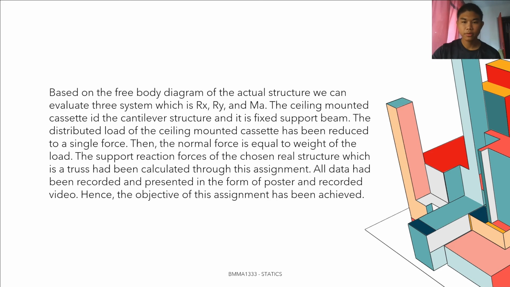Then the normal force is equal to the weight of the load. The support reaction forces of the chosen rail structure, which is a truss, have been calculated through this assignment. All data has been recorded and presented in the form of a poster and recorded video, and the objective of this assignment has been achieved.